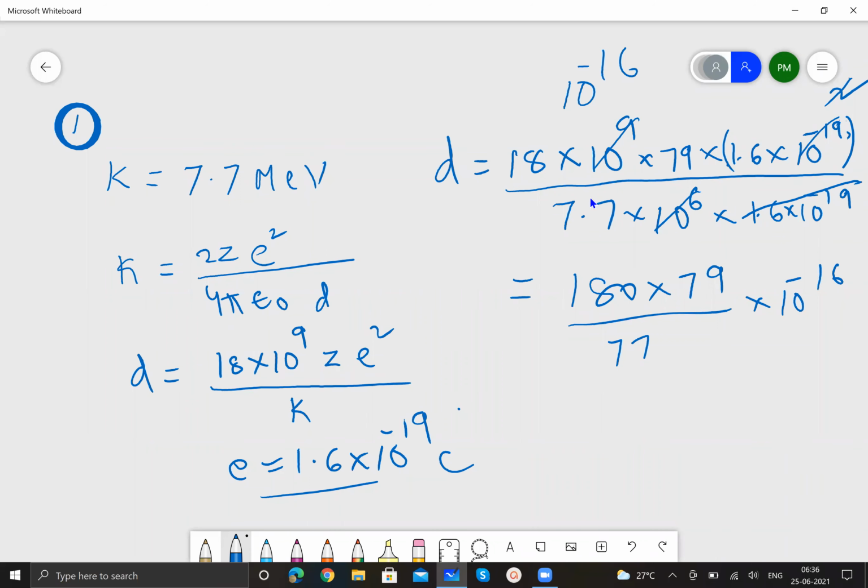So you have to calculate it. 180 into 1.6 is also there. See, we missed it.